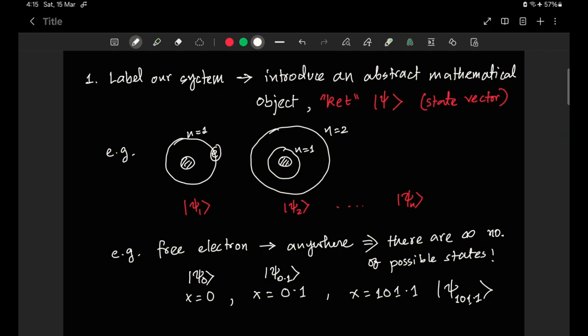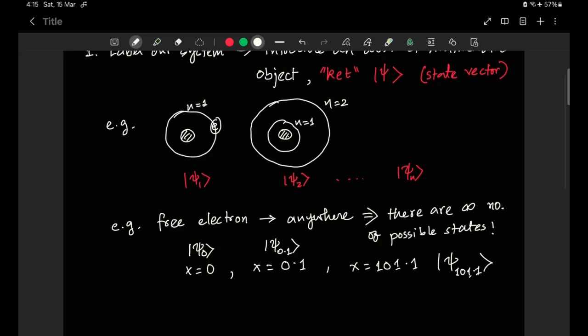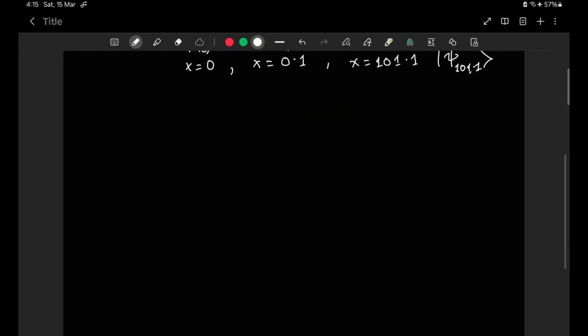Now, how do we make the connection between this abstract object and real world measurements or experiments? Let's say we want to measure a quantity. Let's call that quantity momentum. So we want to measure the momentum of our state, the momentum of a system.